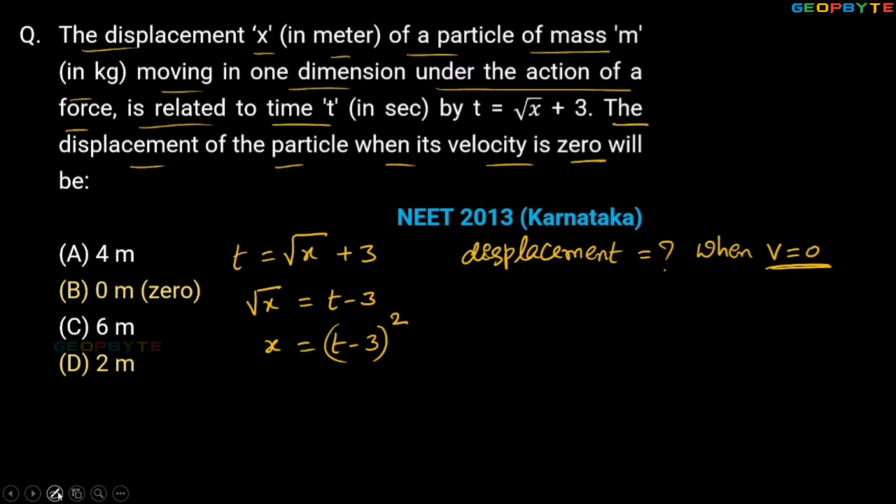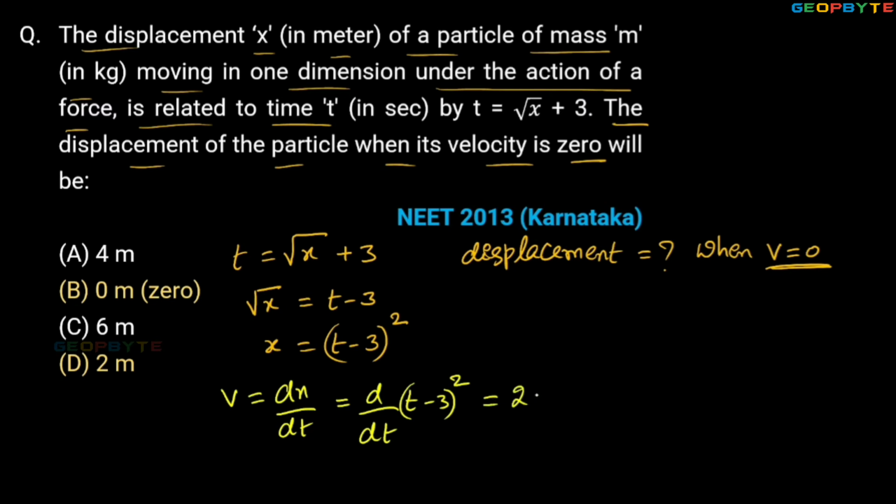That's the displacement. Then velocity v equal to dx by dt. It is d by dt of t minus 3 whole square. Simplify this part. It is equal to 2 into t minus 3 into 1. That is the velocity. Now let us decide the time when velocity is 0.